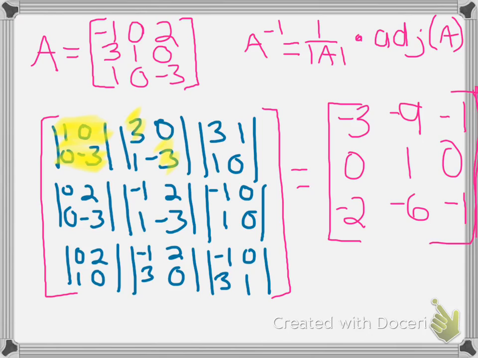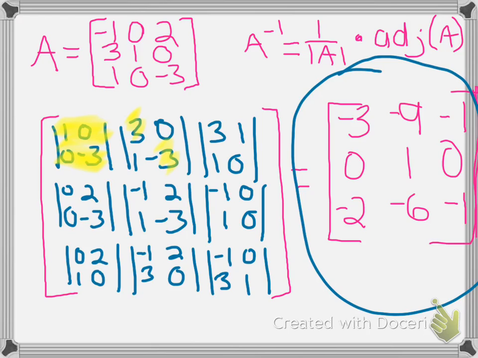So now that we found our matrix of minors, we now have to put that into the matrix of cofactors. So let me make a new page.